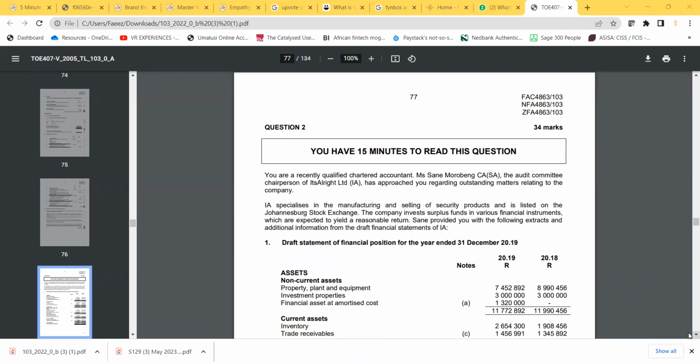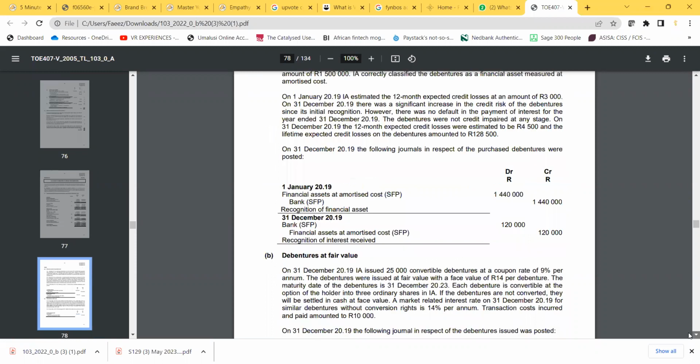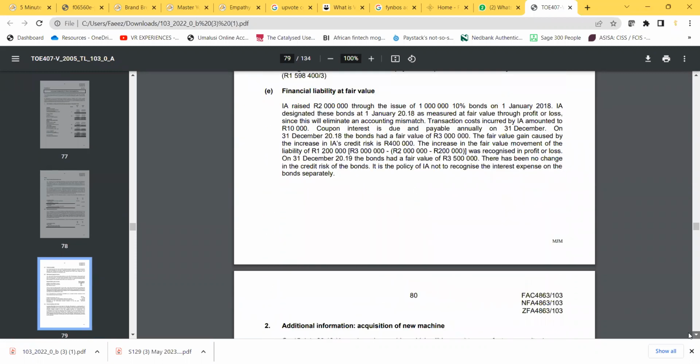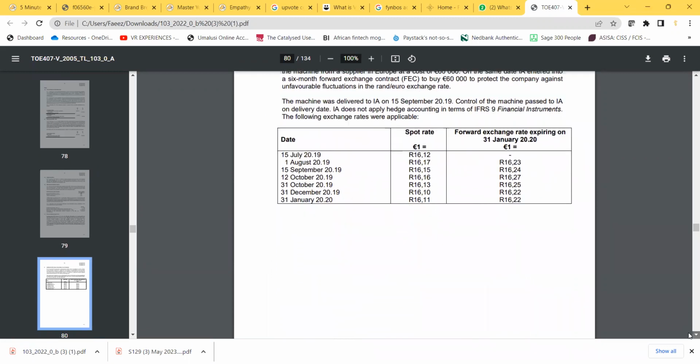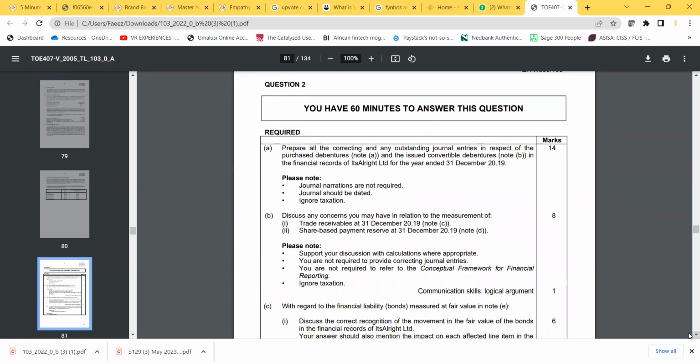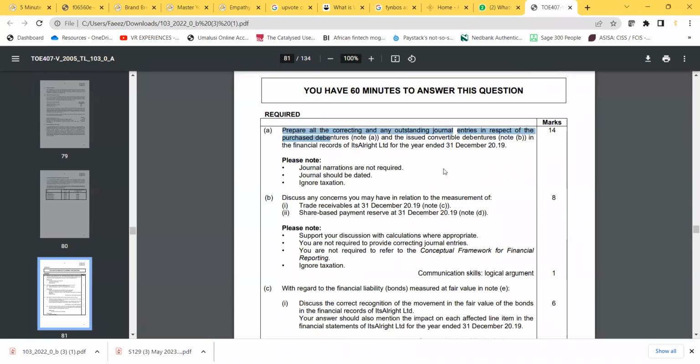If I go down to the required, last week we did part A, and now this week we will do part B, the issue of debentures, and then also part C. So we will talk through those.